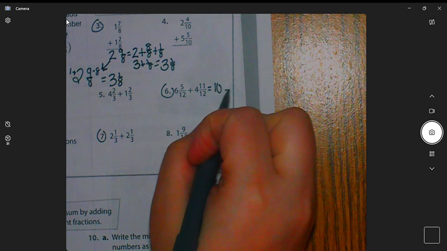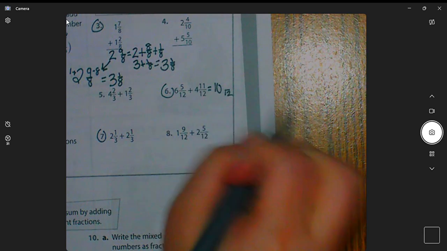I know my denominator never changes. 5 plus 11 is how many? You're right.